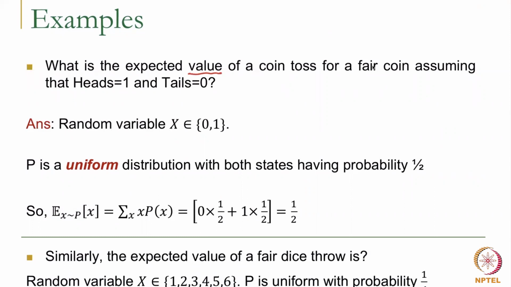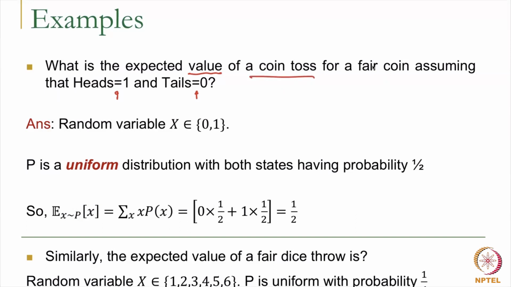So a betting game would be something like this. You get 1 rupee if you toss a heads, and you get 0 if you toss a tail. Then if you do a lot of tosses, what is the average amount of earning you will get per toss? That would be the expected value of a single coin toss for a fair coin.